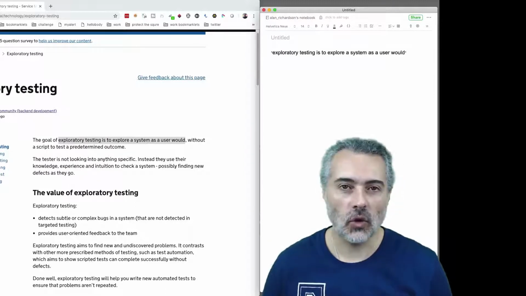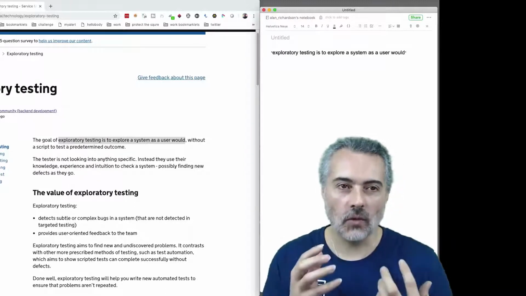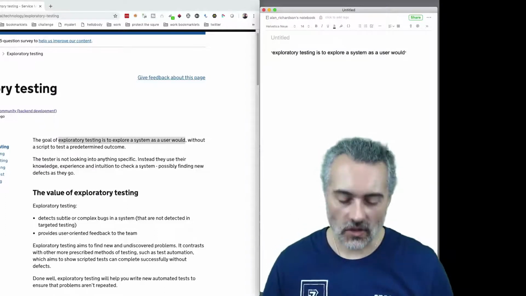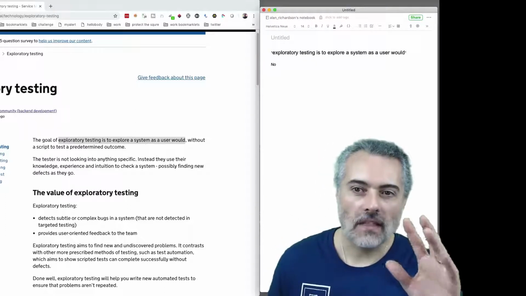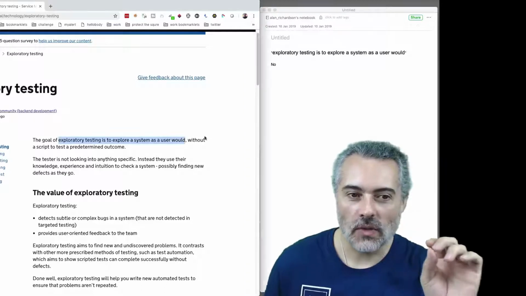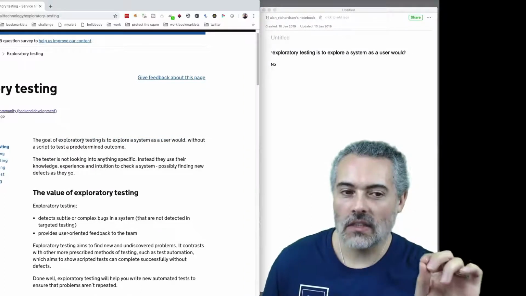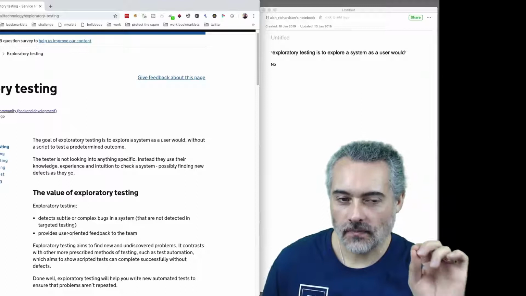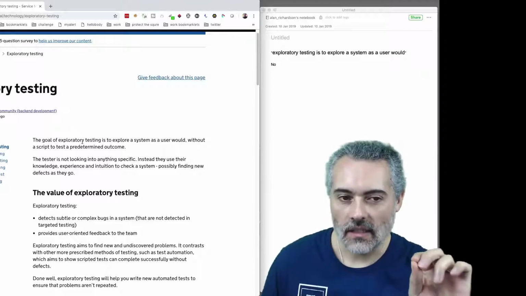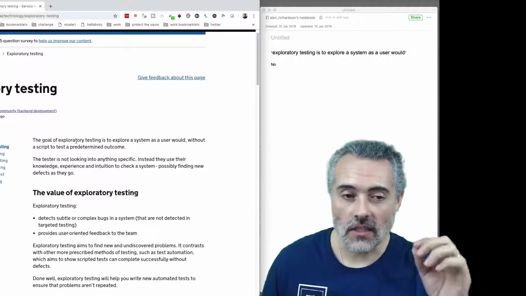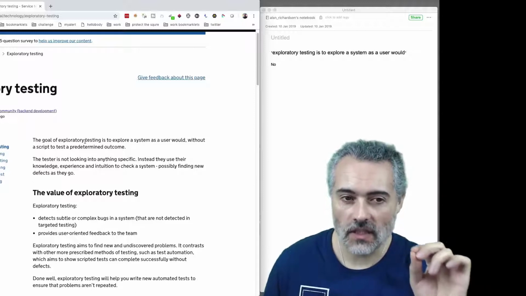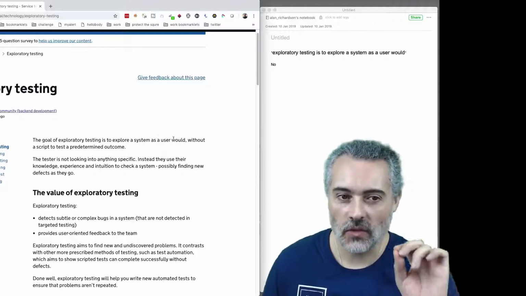I'm looking through a proxy. I'm bypassing the GUI to see how the server responds. So for me, that's a no. That's not how a user would. But that's one of the prerequisites of this definition. Everything in this definition, if it's going to be consistent, is underpinned by that. That's the first statement: the goal is to explore a system as a user would.